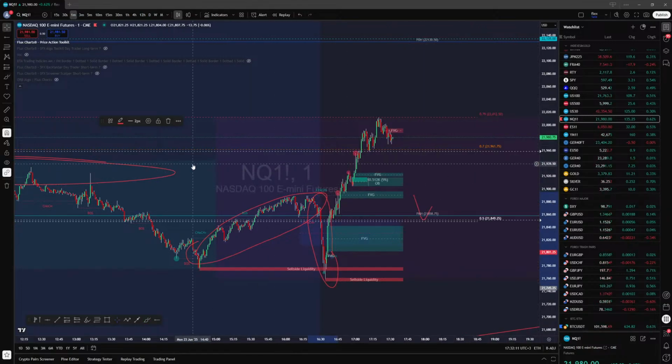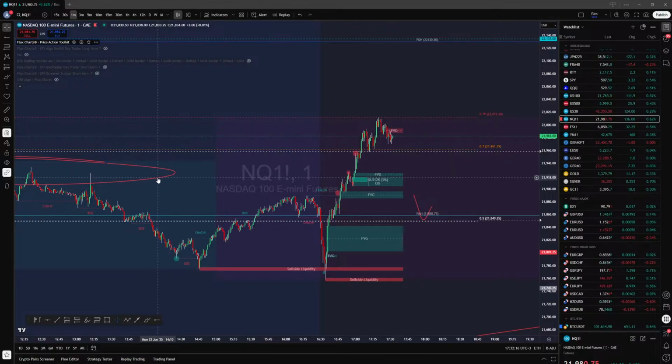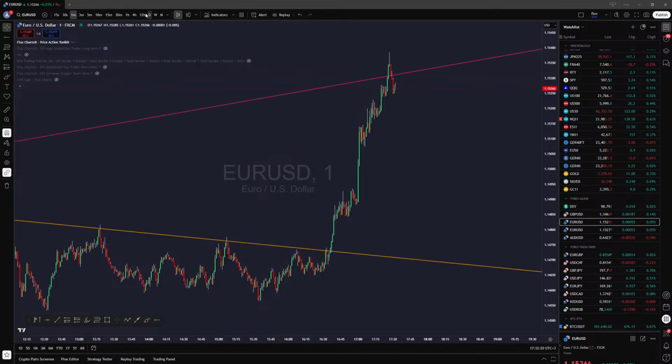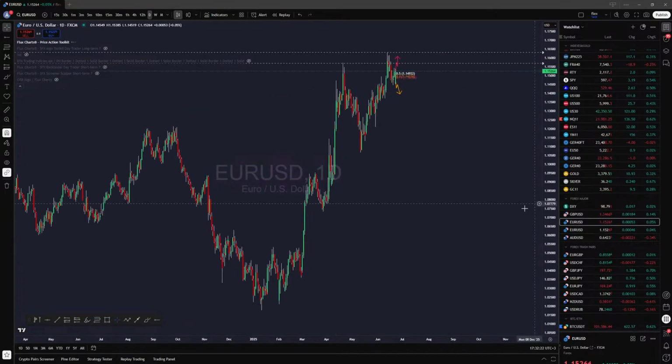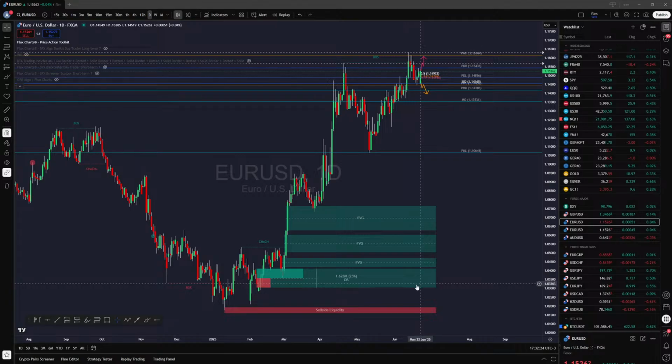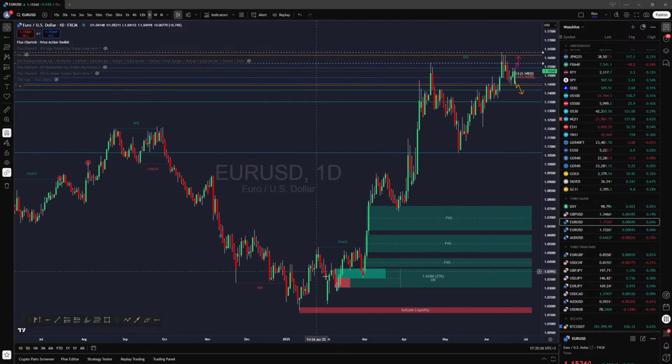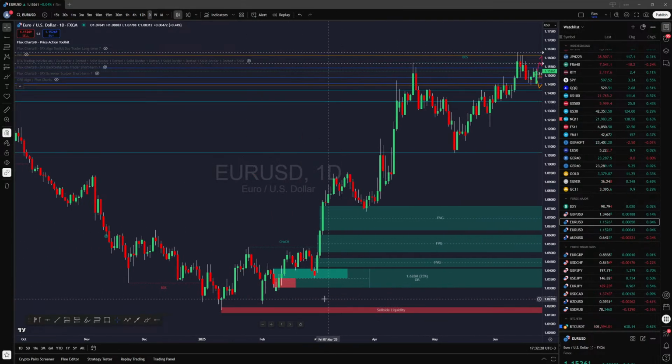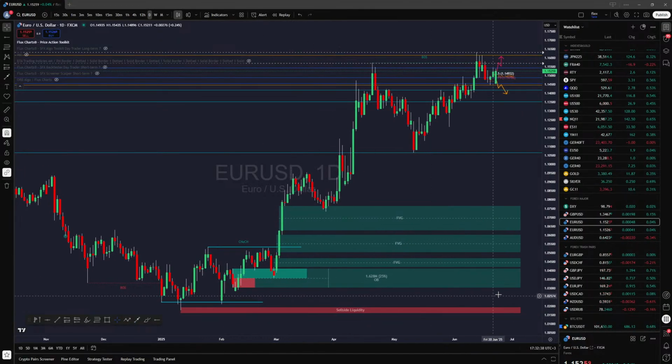You can find this type of setup on any time frame, here in 1 minute, and the best example I can find for you is on the daily time frame, it was this one. This one probably was the best example, and I will show you how to spot it, how to identify it and how to trade it.